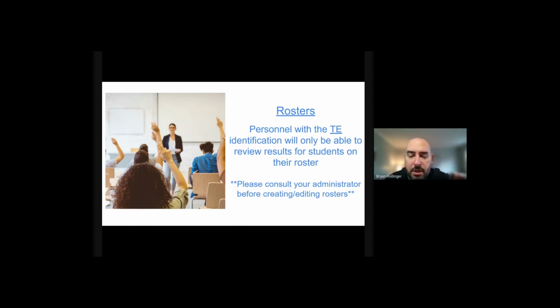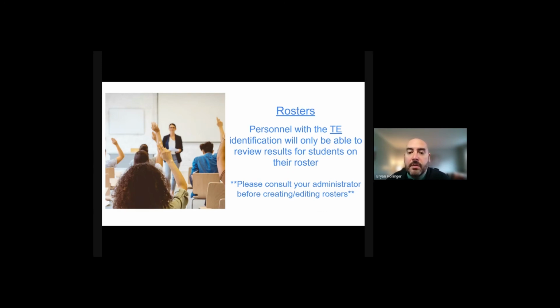The one thing that you'll notice, I had a couple people ask me this question. They had given a benchmark or they'd given a test, and they noticed that a couple of their students were missing. So what may have happened there is the student may be identified and they were able to test because they had a pre-ID made by your testing administrator, but they were not added to your roster.